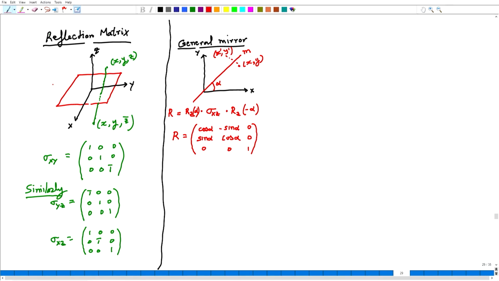Now the next matrix, the reflection operation sigma xz, is 1, 0, 0, 0, minus 1, 0, 0, 0, 1.